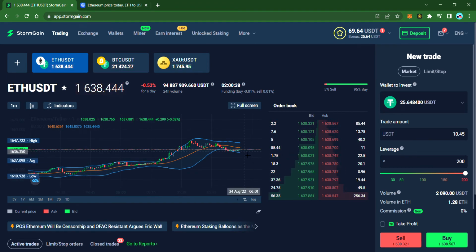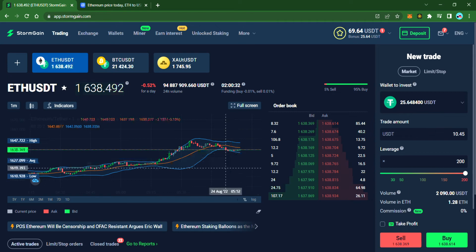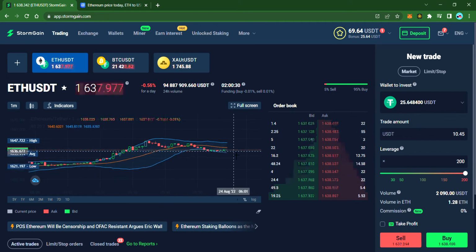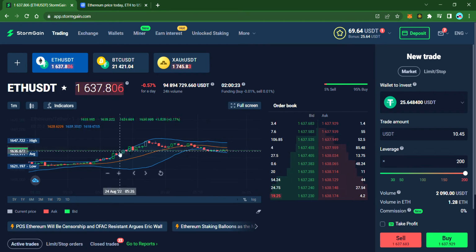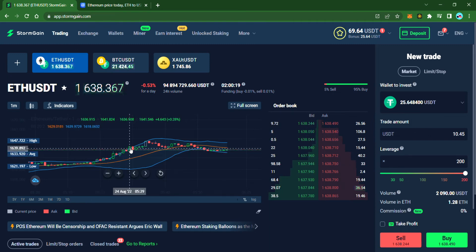At the moment it's indicating to sell, and at the same time you can see there is a small resistance as well. As you can see, this is overbought, and this is overbought, and then they realize they're making some profit, so they try to sell it to bring it down to this point.